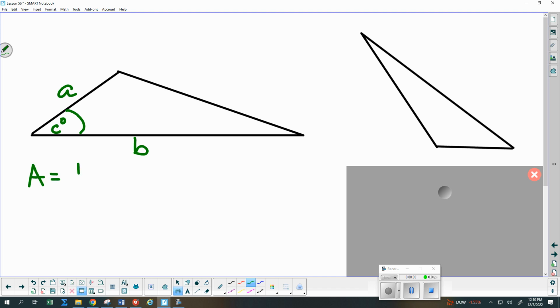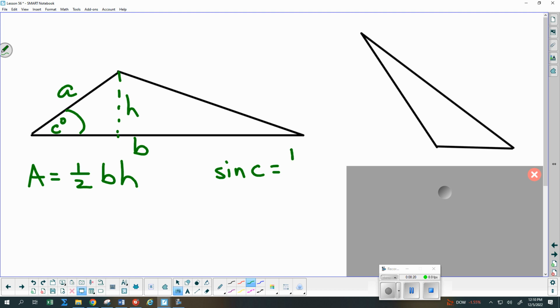I know that the area has to be 1/2 base times height. And I know that I could say that the sine of C is what letter over what letter, Maggie?